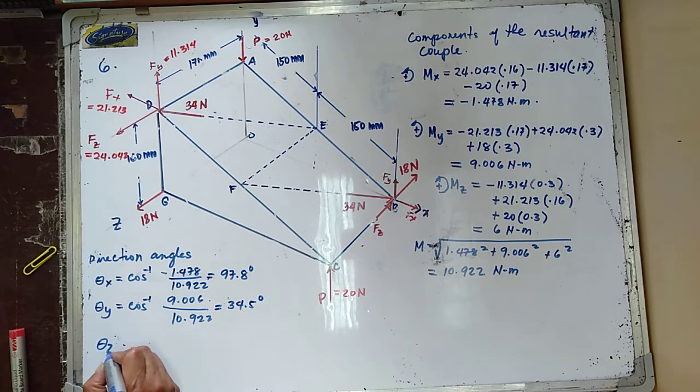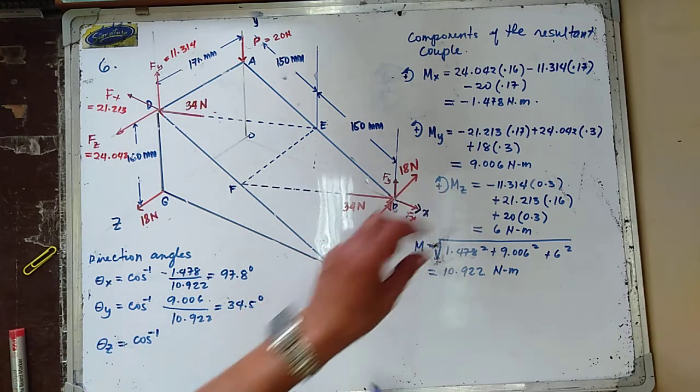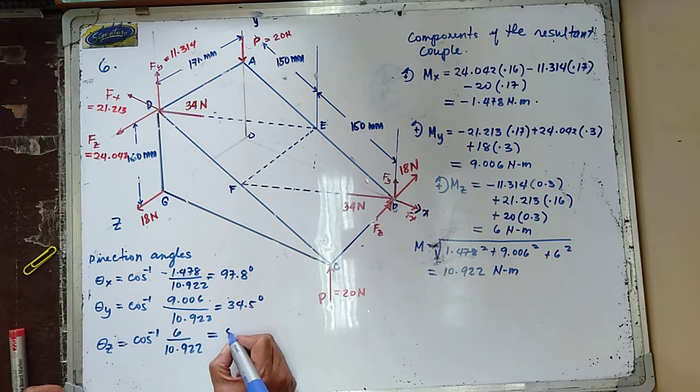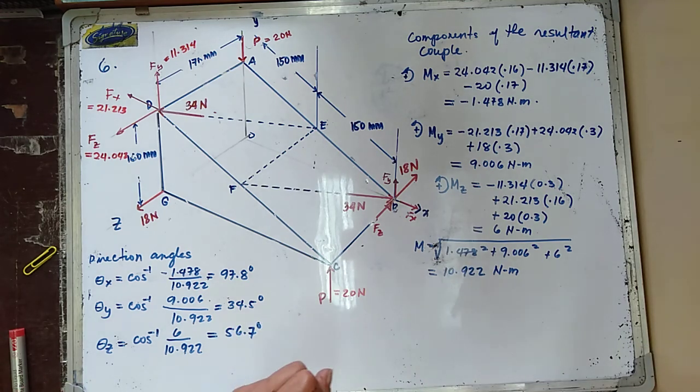And your theta z is equal to the arc cosine of Mz, which is 6 over 10.922, so this is equal to 56.7 degrees.